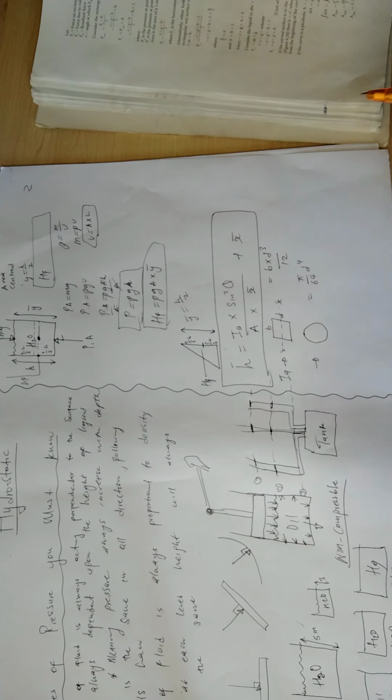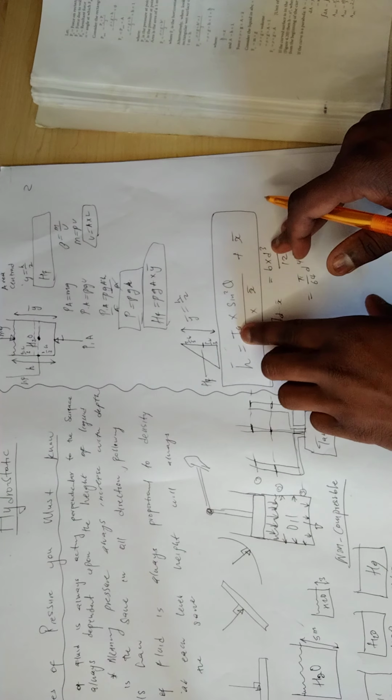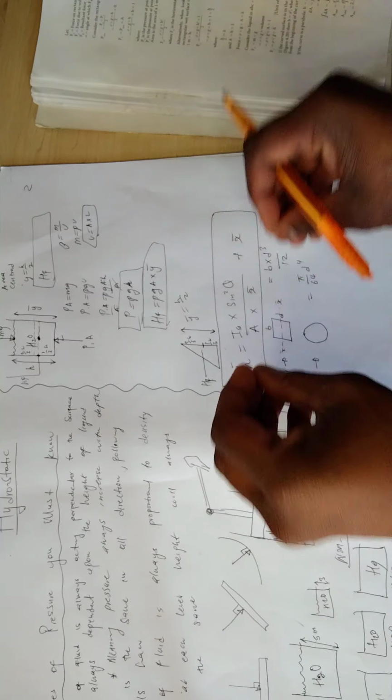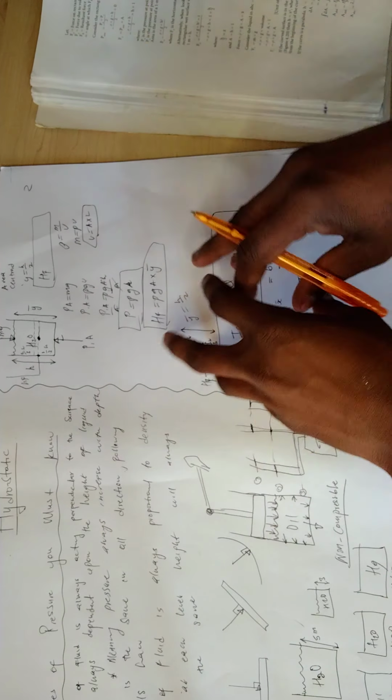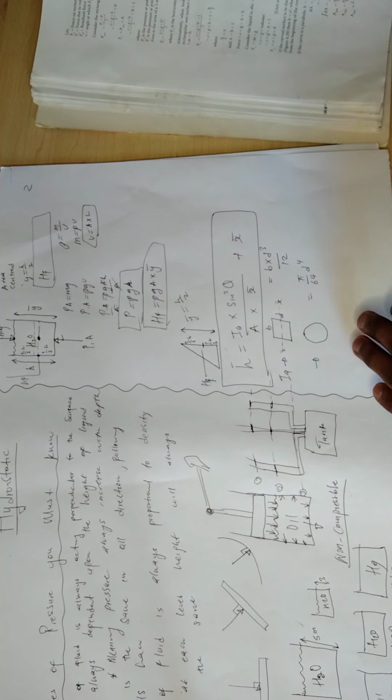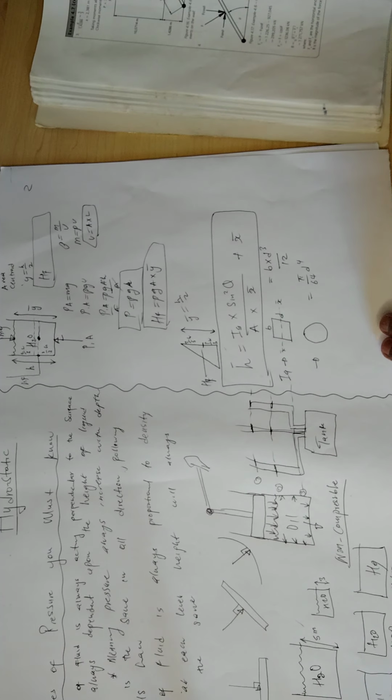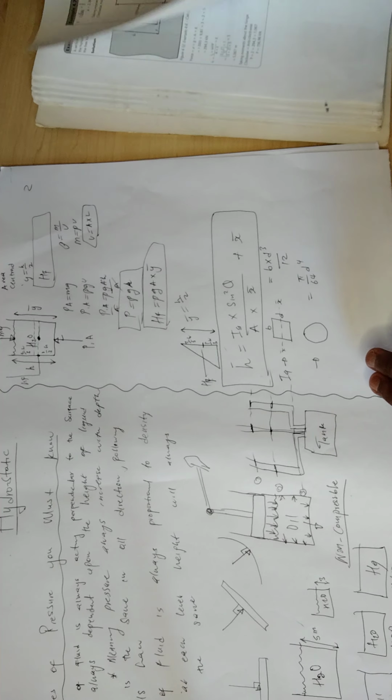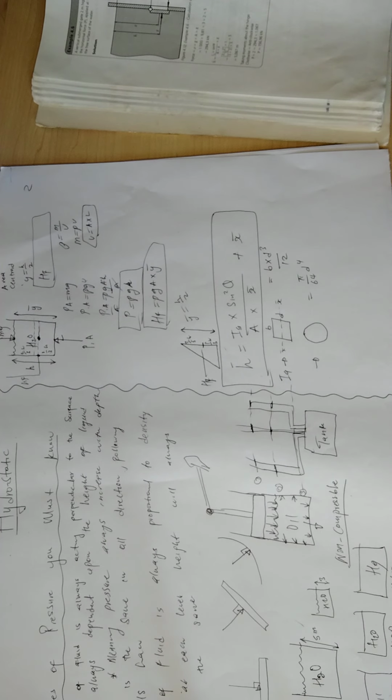I prefer you do the areas and the moment of inertia separately, and then substitute them here rather than mixing all of them in one workout. That can still confuse your calculations.